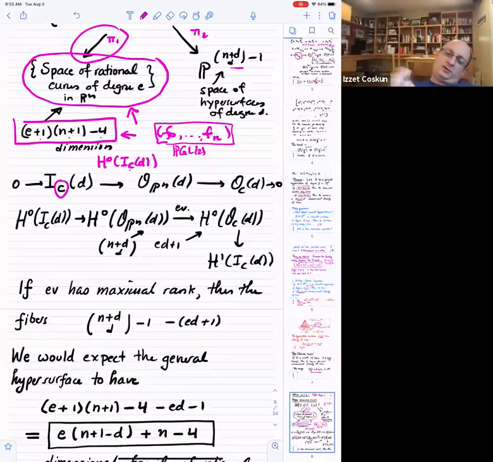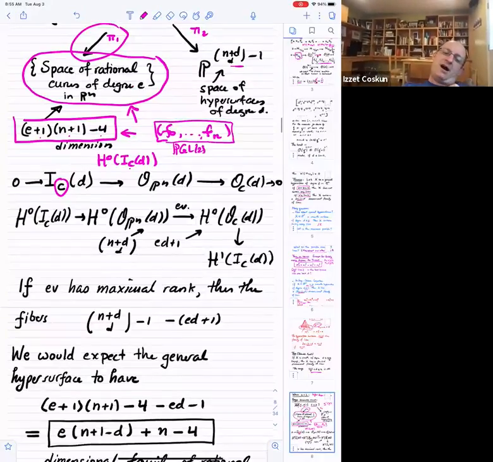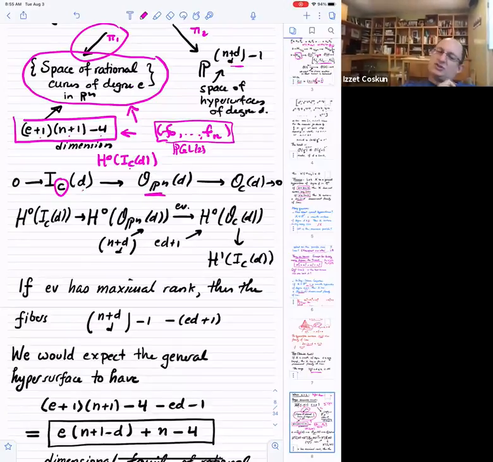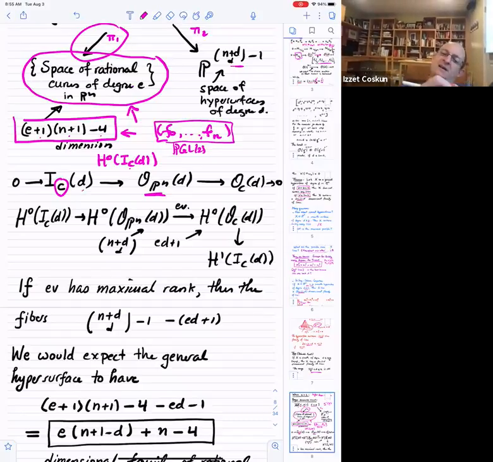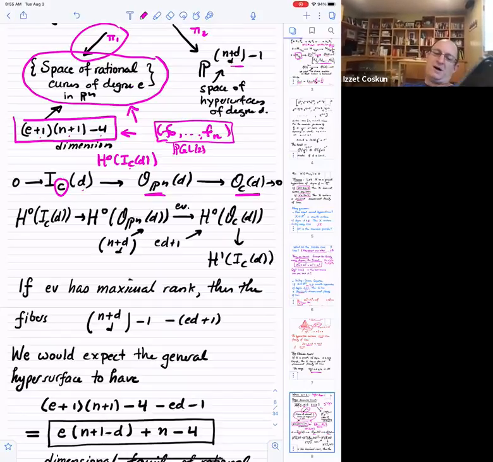The way you usually do that is with the ideal sheaf of your curve twisted by d. It sits in the structure sheaf of projective space twisted by d, with the cokernel being the structure sheaf of the curve twisted by d.